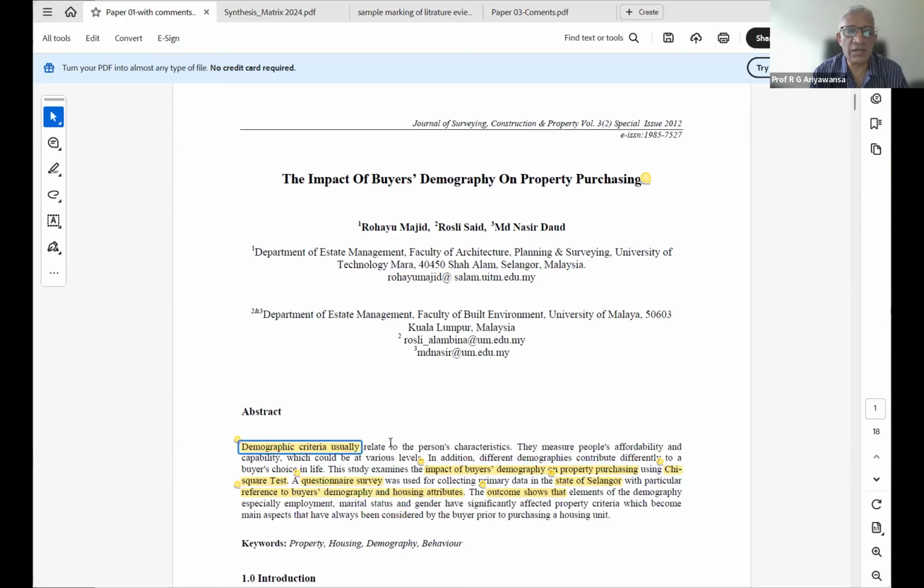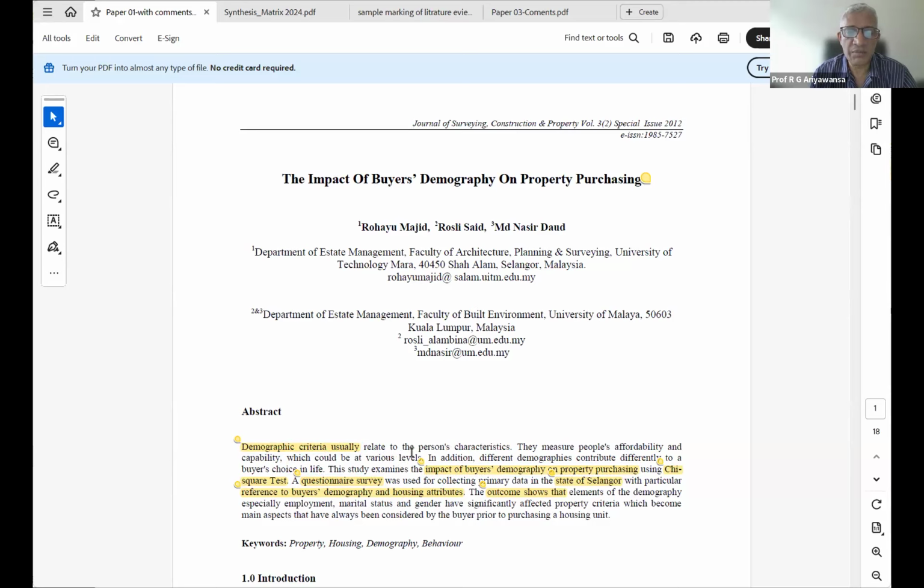So likewise, the author slowly, step by step, provides more related facts and improves the rationale for the study. The study means the impact of bias demography on purchasing. You can understand how they have developed it slowly, step by step, right?